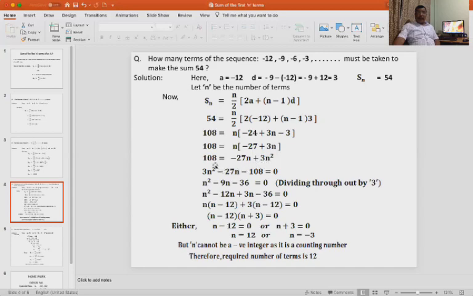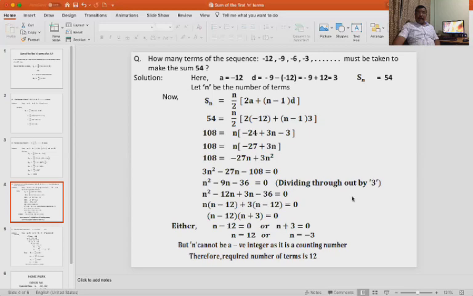Now we transfer this 108 to that side and write in the standard form: we have 3n squared minus 27n, and transferring this to the right hand side, we have -108, and we are left with 0 on the other side. Now these numerals 3, 27, and 108 have a common factor, which is 3.